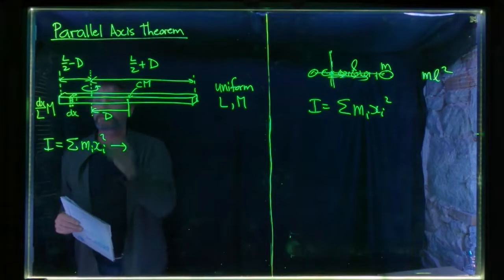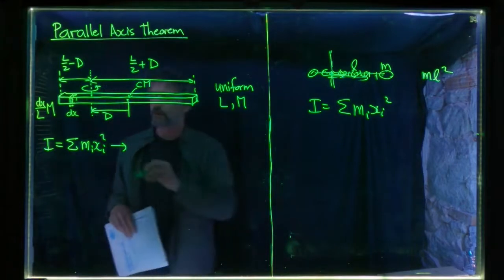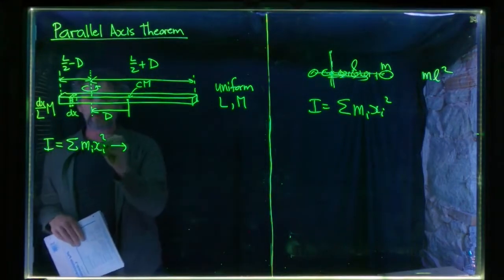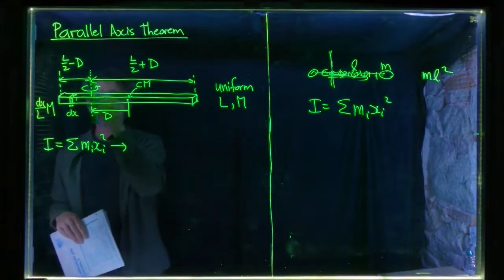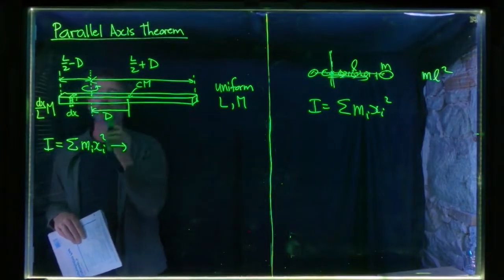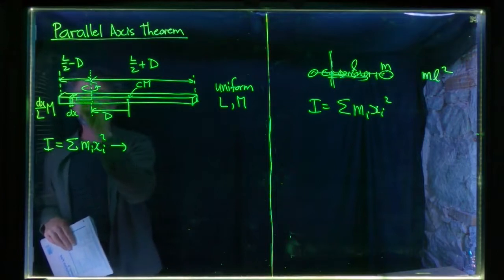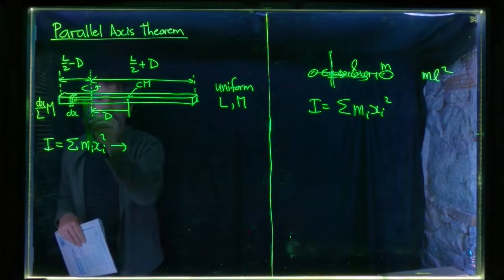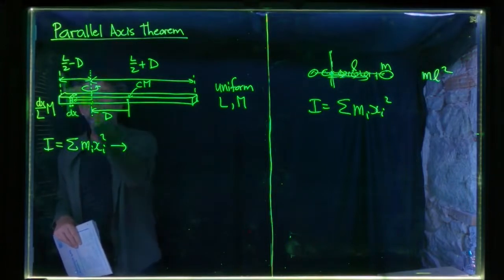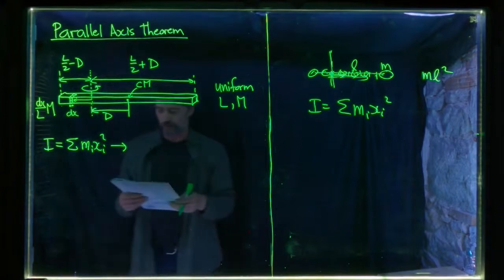That's that mass. And then we want to take that mass and multiply by its perpendicular distance from the axis of rotation, and then square it. So we call this distance x, starting at x equals 0 here, up to x equals L over 2 minus d.